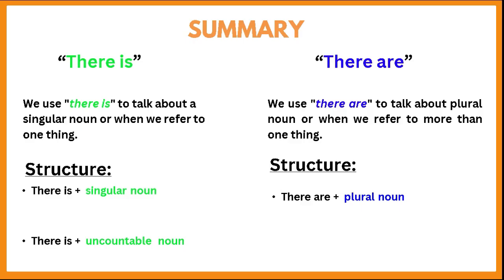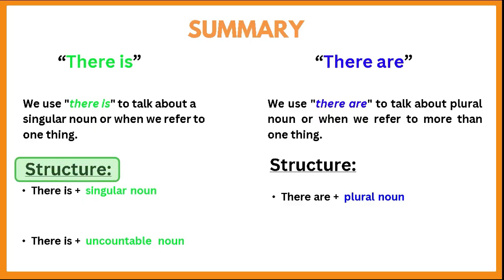Okay, so here is the summary for the difference and how you use there is and there are in a sentence. Let's see there is. We use there is to talk about a singular noun or when we refer to one thing.